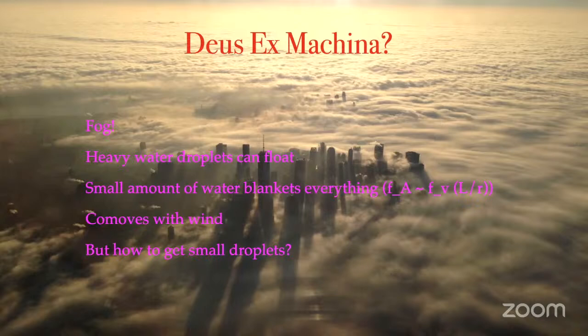Then the water vapor is a tiny fraction by volume, and yet it can have a very large area covering fraction. And the secret to that is that the water droplets are tiny, so you can spread a lot of them over a large surface area. Surface area to volume just scales like 1 over the size. So if the size is tiny, then you can get a lot of area.